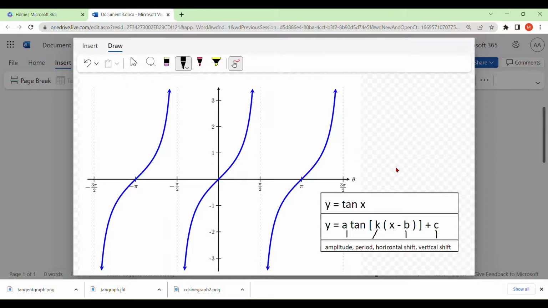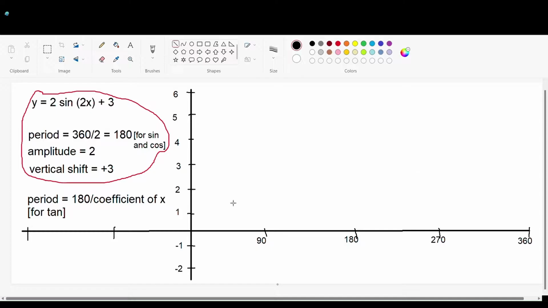Moving on to the tan graph, y is equal to tan x. The formula stays the same. However, as you can see, it is undefined at 90 degrees and 270 degrees, or minus 90 degrees and minus 270 degrees, and so on.